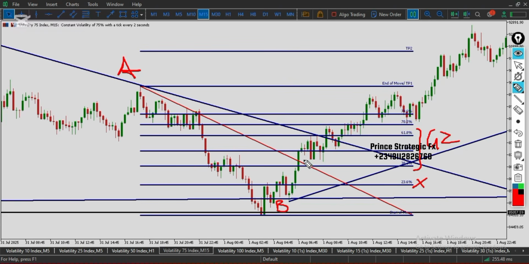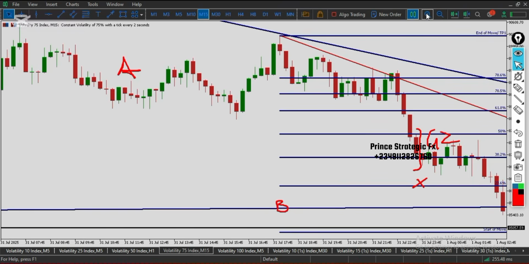So we should be looking to enter the market from somewhere around here. All I need is a breakout and a retest. We have some rejections here at the 50 level. The price moved all the way to the top. Let me make this big so you guys can see exactly what I'm saying.